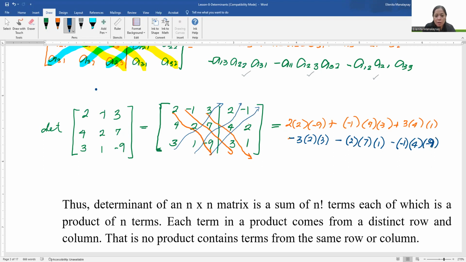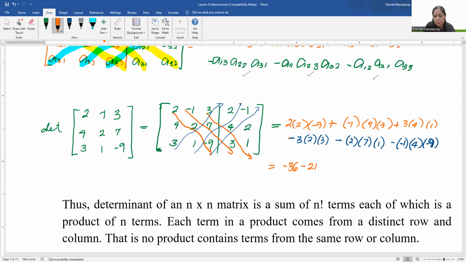So this gives us, 2 times 2 is 4 times -9, that's -36. 7 times 3 is 21, negative of that, so that's -21.